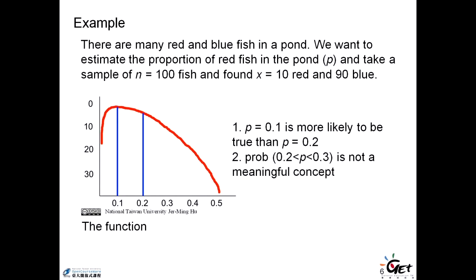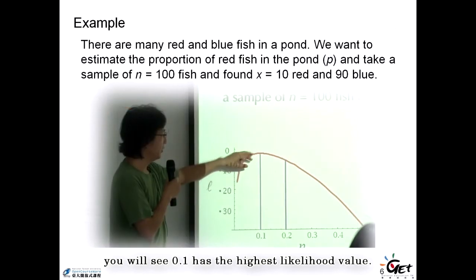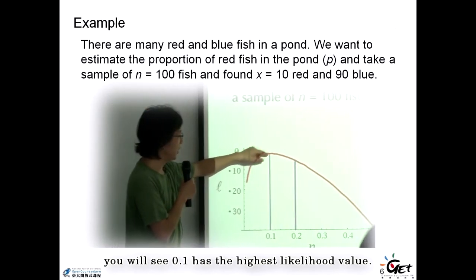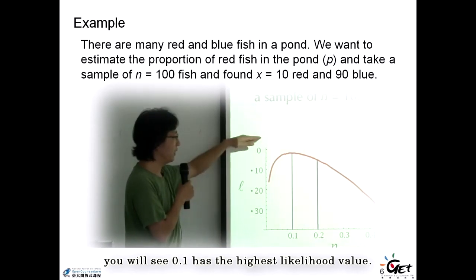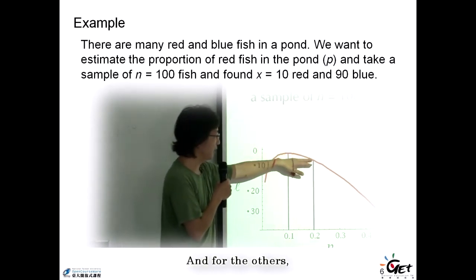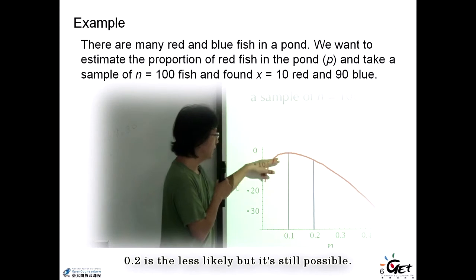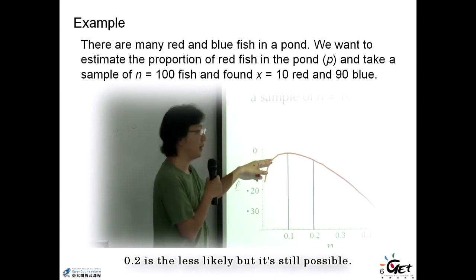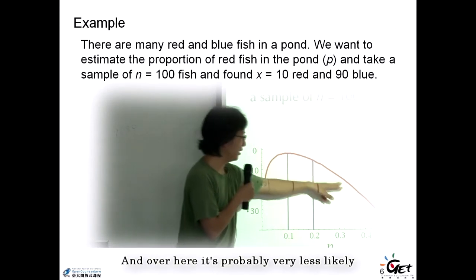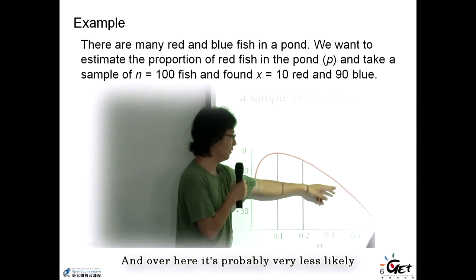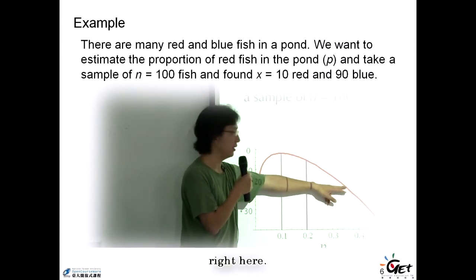Actually, if we give you the function of this proportion from 0 to 0.5 as a curve, you will see 0.1 has the highest likelihood value. For the others, 0.2 is less likely, but it's still possible, and over here it's very unlikely.